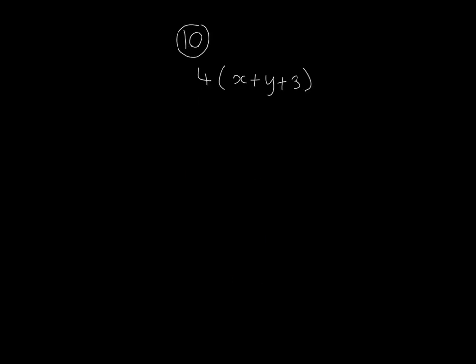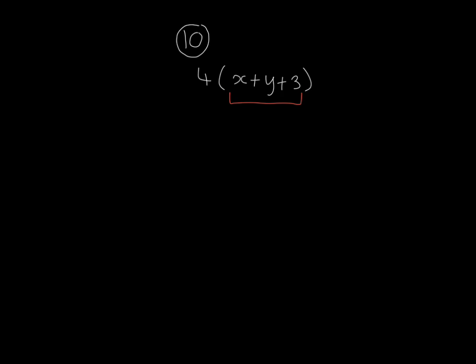For our final question, question number 10, we are asked to simplify the following. So remember, previously I told you that when you have brackets, you need to solve everything inside of them first. So if we have a look inside of our brackets, we can see that we've got x plus y plus 3. And remember, I said that we can only add like terms.